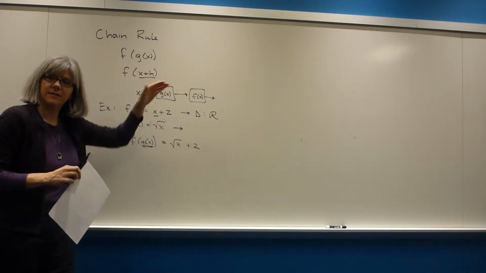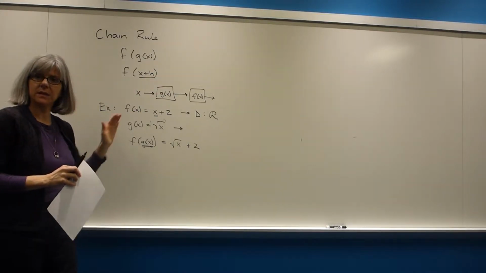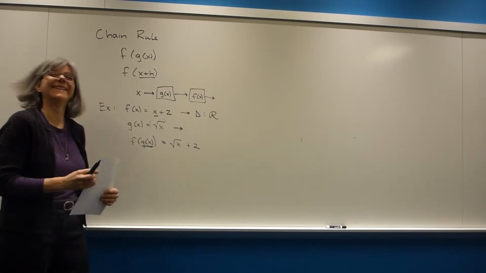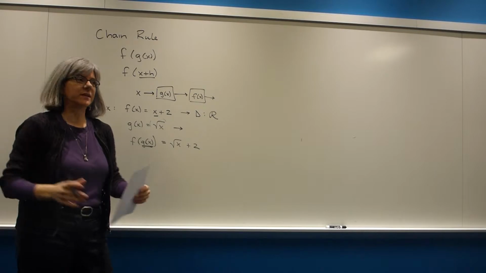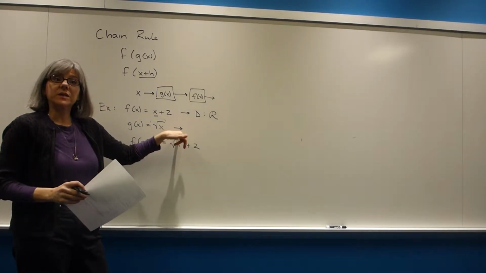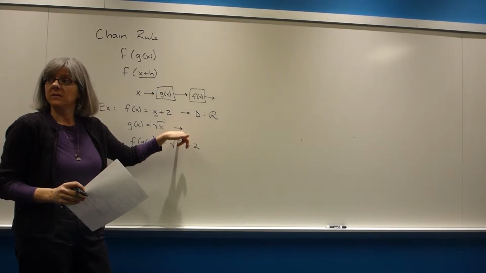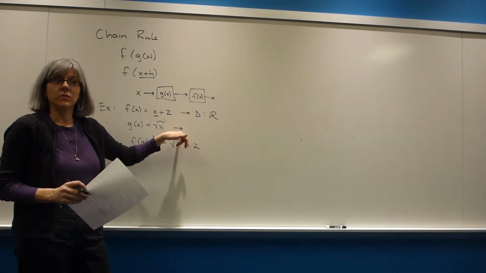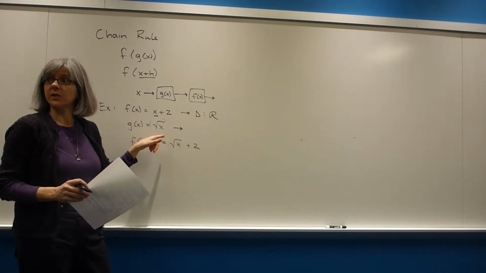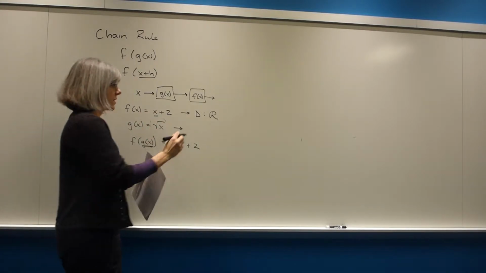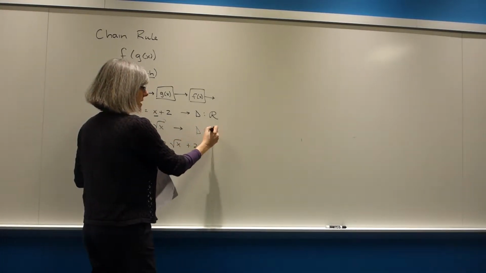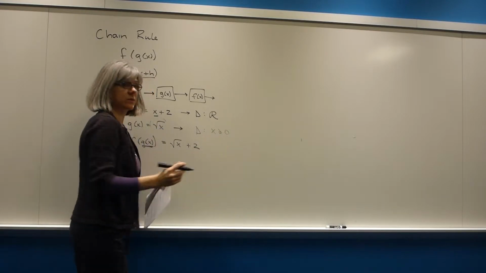I may have you do all the shapes by the end of it, just for fun. So what is the domain of this? 0 to infinity. You can only take the square root of a non-negative number. So 0 is okay, and positive. So here we know that the domain is x greater than or equal to 0.